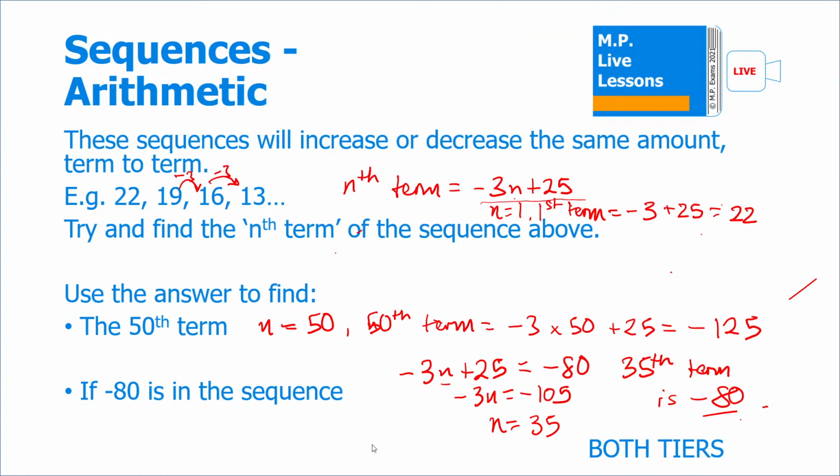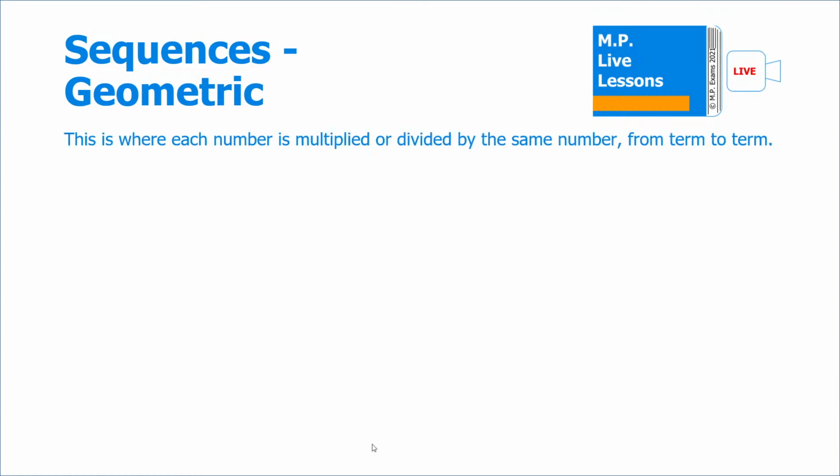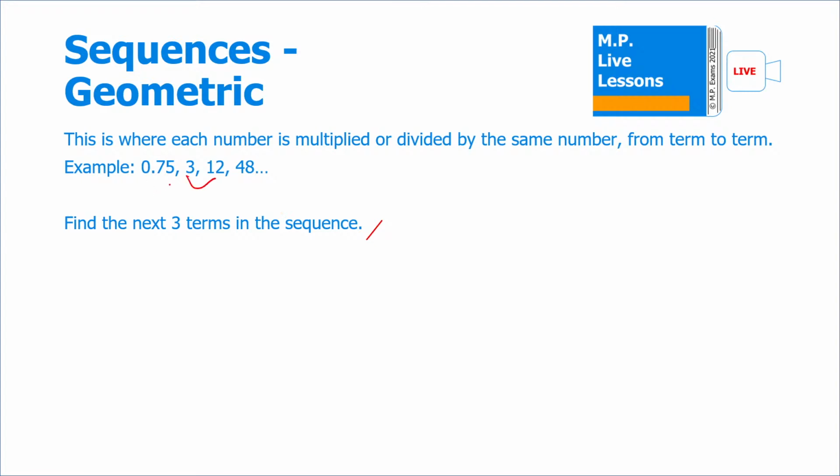Next, for both tiers still, are geometric sequences. So this is where the number is multiplied or divided by the same number from term to term. So let's say we have this little sequence here, and we want to find the next 3 terms in the sequence. We can already see a pattern. Each number is multiplied by 4 from the last.